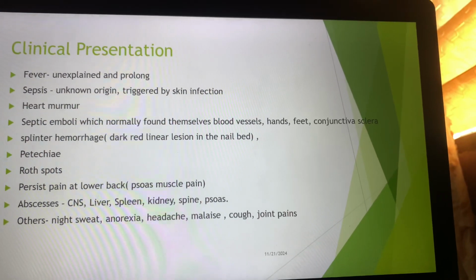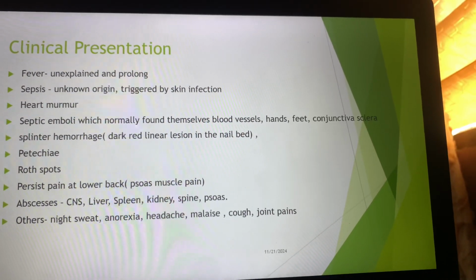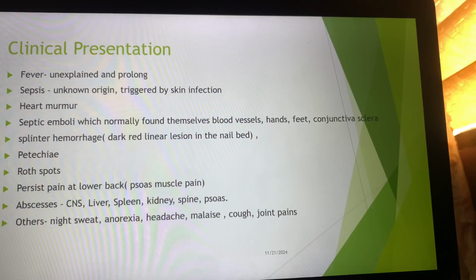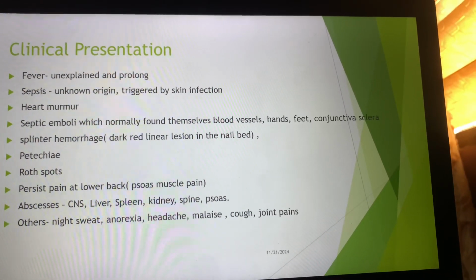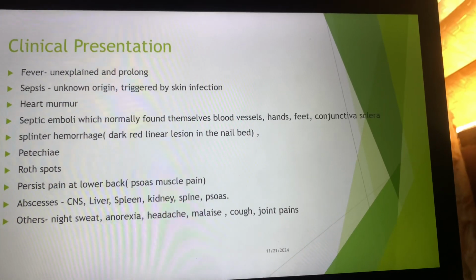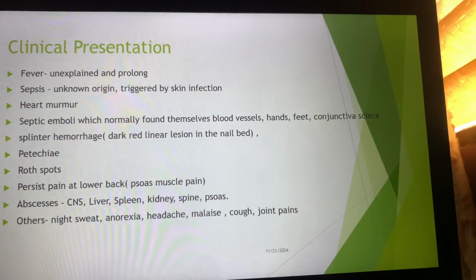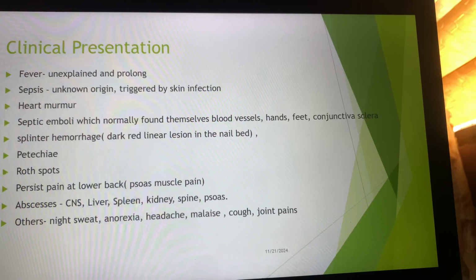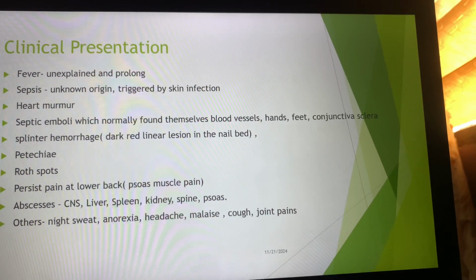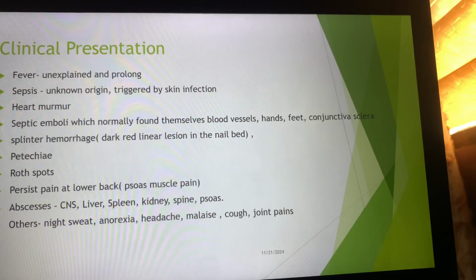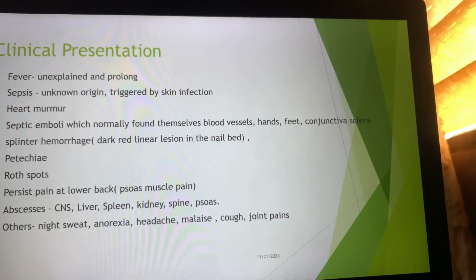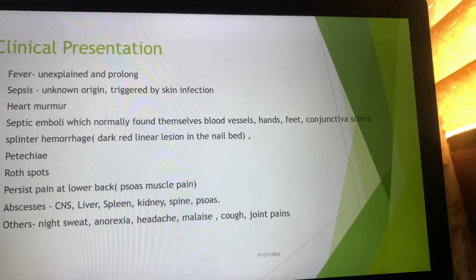When the thrombus is formed and bacteria have been able to colonize the area, the vegetation forms septic emboli, which normally find themselves in the blood vessels, the hands, the feet, the conjunctiva, sclera, among the rest.